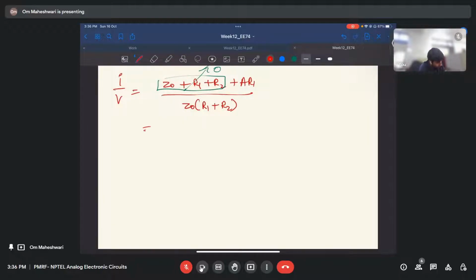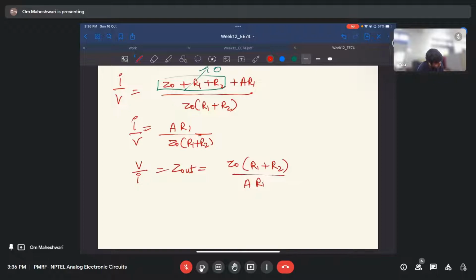So I by V equals A R1 by Z naught times R1 plus R2. Then V by I, which is Z out, equals Z naught times R1 plus R2 upon A times R1. It is Z naught times 1 plus R2 by R1, divided by A. This is the Z out.